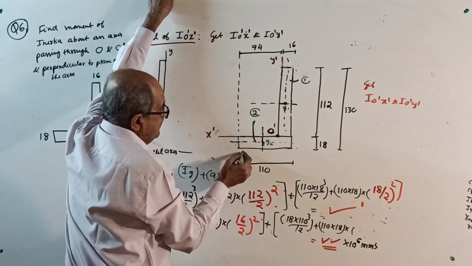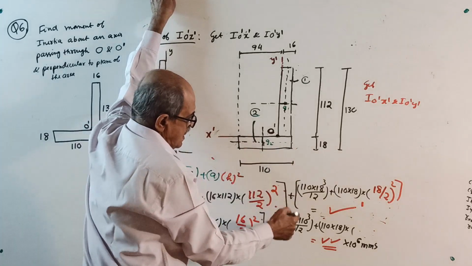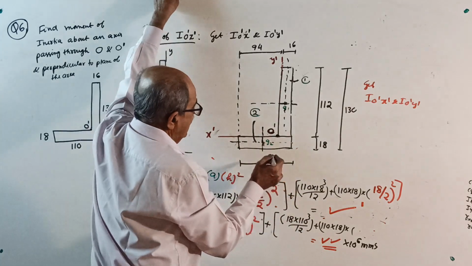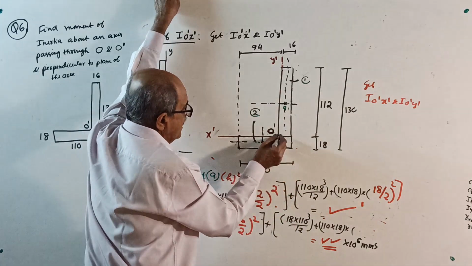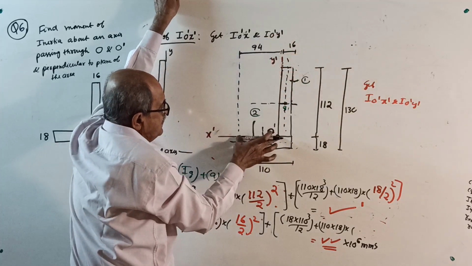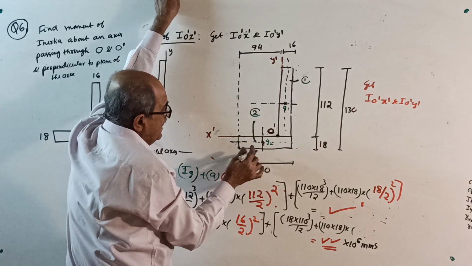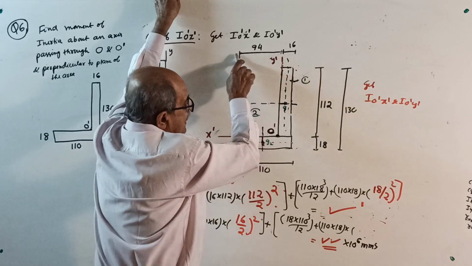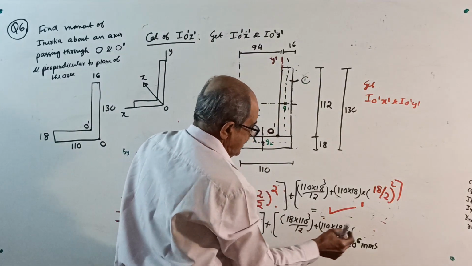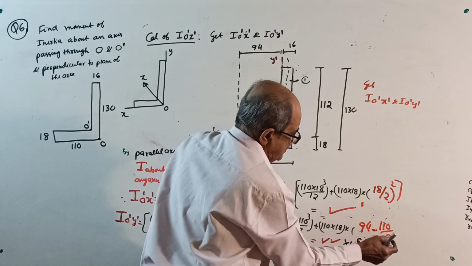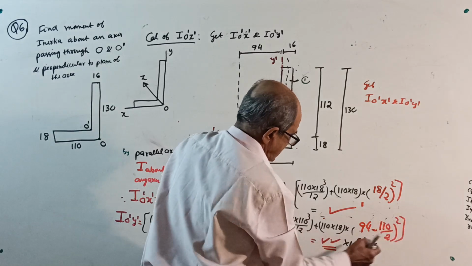See, it is 18 into 110 cube by 12 plus area into, now be careful, from here to here. See, this is 94. This full is 110. From here to here is 110 by 2. So 94 into 94 minus 110 by 2 whole square is the answer.